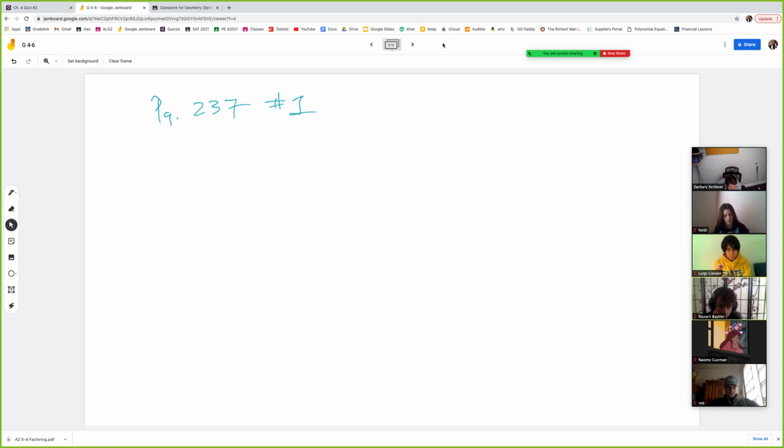Okay, both triangles are right triangles. AC is congruent to DF. Okay, and CB is congruent to FE. Okay, how would we do that? Well, if we simply just started off by saying CB, change my color real quick. CB is equal to 6.